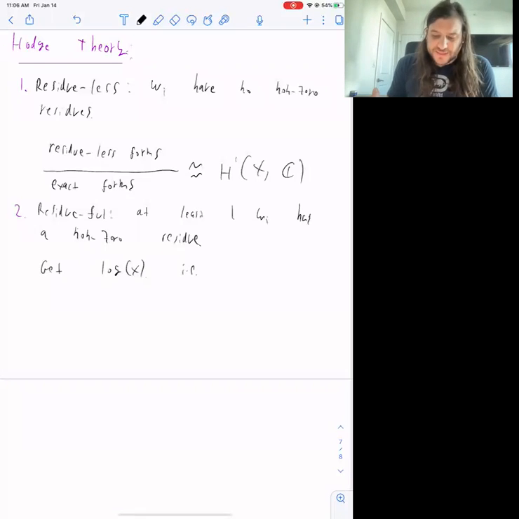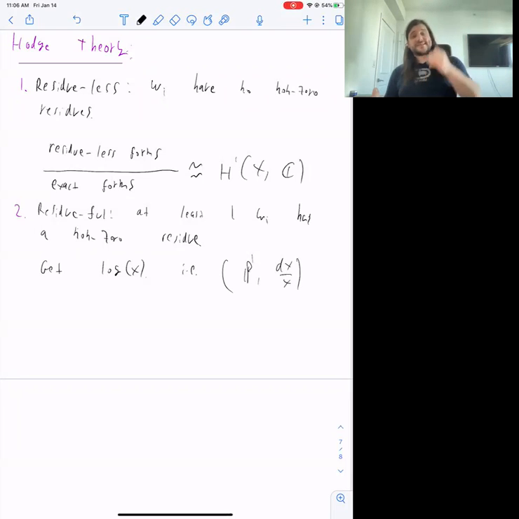In this language of curves and differential forms, you obtain the curve P1 and the form dx over x. And so I promised you at the beginning, log is a special function, and this is why I think it's special: the moment you switch to the residue case, even if you're integrating some weird form, then automatically you get log.